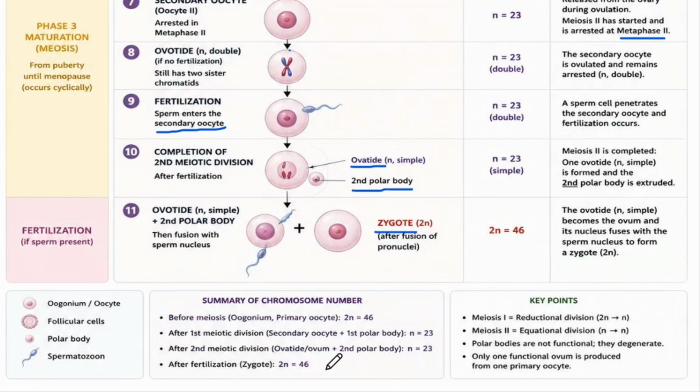The first meiotic division forms the secondary oocyte and the first polar body, while the second meiotic division is completed only after fertilization, producing the mature ovum and the second polar body. Finally, the fusion of the ovum and the sperm forms a diploid zygote with 46 chromosomes.